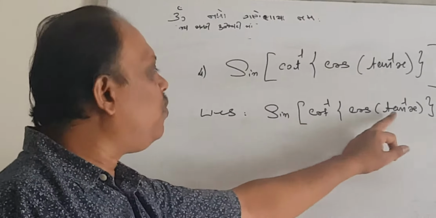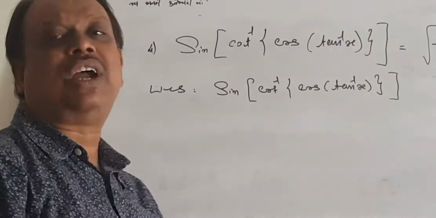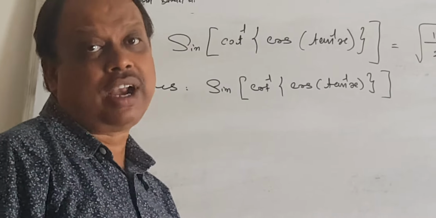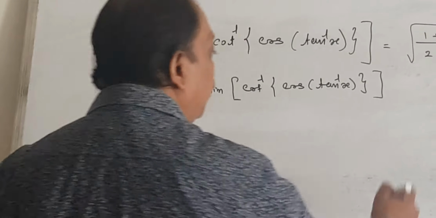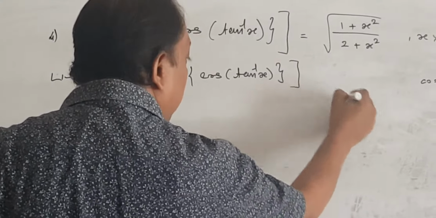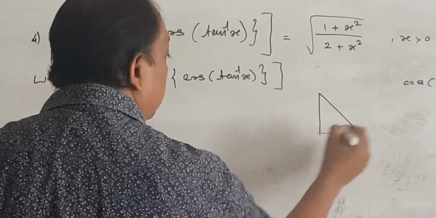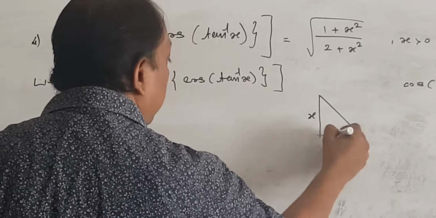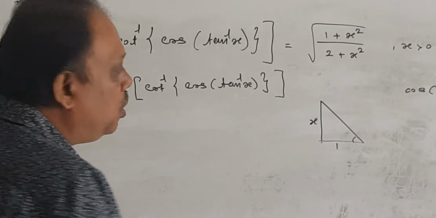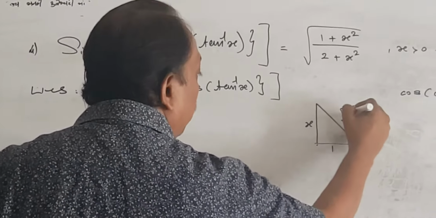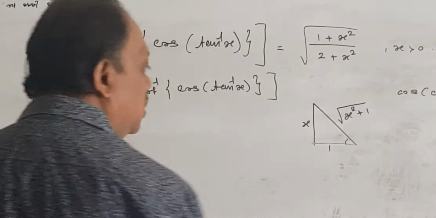So this tan inverse we try to change by using a right angle triangle. If I take tan inverse x for a right angle triangle, this angle is opposite side upon adjacent side. So the hypotenuse becomes root of x square plus 1.